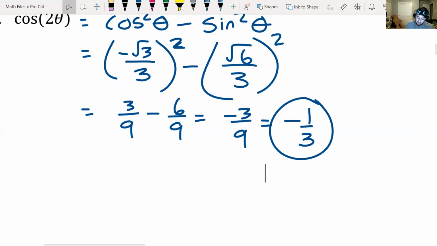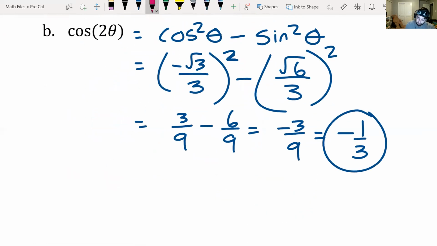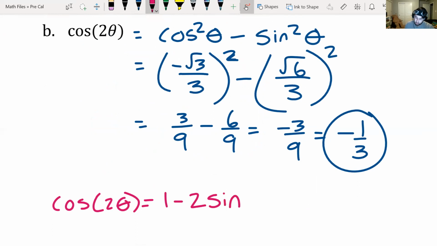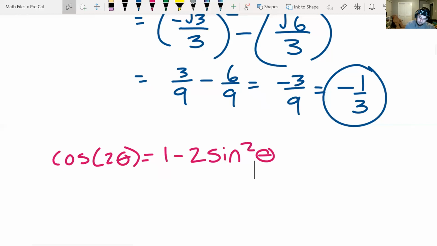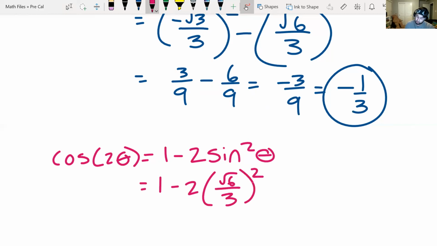Okay, let's try it with a different formula. Let's say cosine 2 theta, and let's choose 1 minus 2 sine squared theta. We get 1 minus 2 times the square root of 6 over 3 squared.